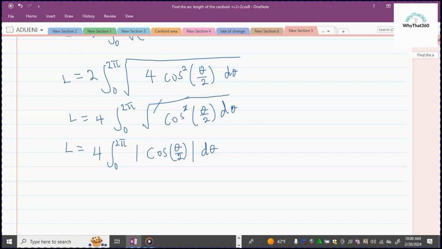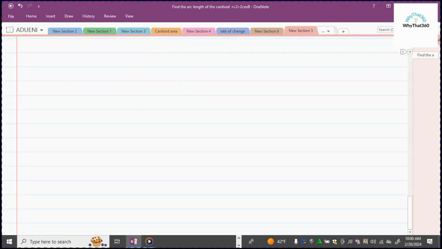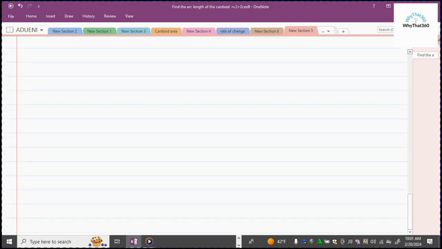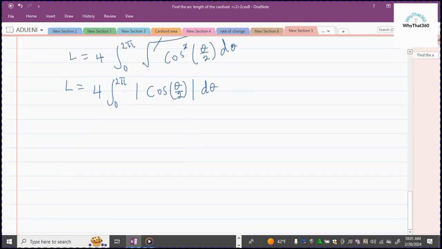Another way of doing this, if you don't want to do the absolute value, is to change the limits from 0 to 2 pi to 0 to pi, which is half of the interval, and then after that you double the result.